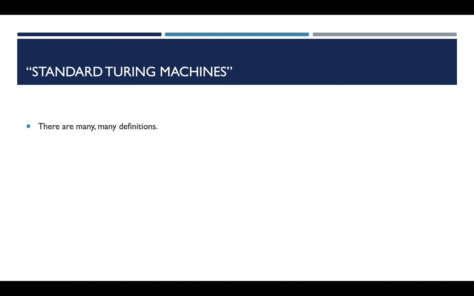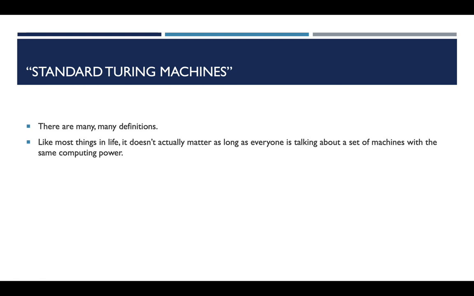This is predicated on the idea that the textbook and I can have a disagreement about what the mathematical definition of a Turing machine is. Ultimately, what we care about is that me, the textbook, and whatever textbook or Google search result you found about Turing machines are talking about a set of machines that has the same computing power, that we haven't added or subtracted something that has a demonstrable impact on its ability to compute things.